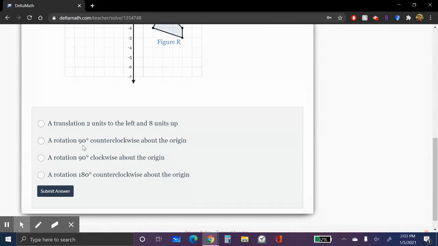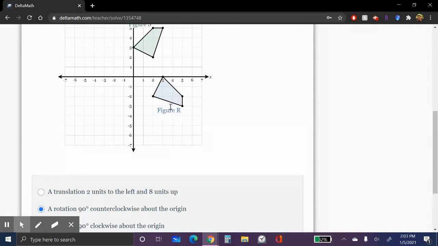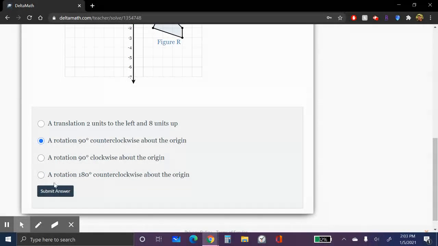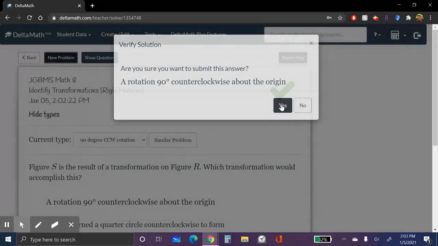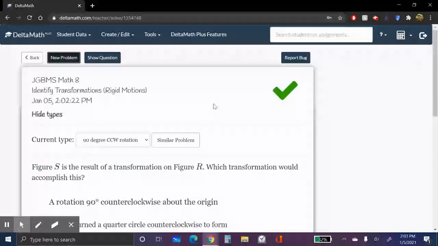So 90 degrees, and we said counterclockwise, right? This one goes counterclockwise to this one. If it went clockwise, you would have to go 270. Submit. Bam.